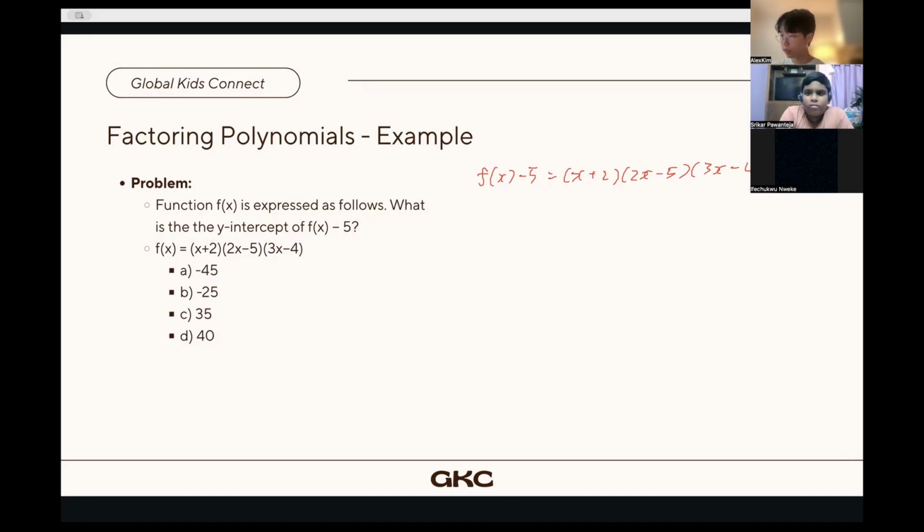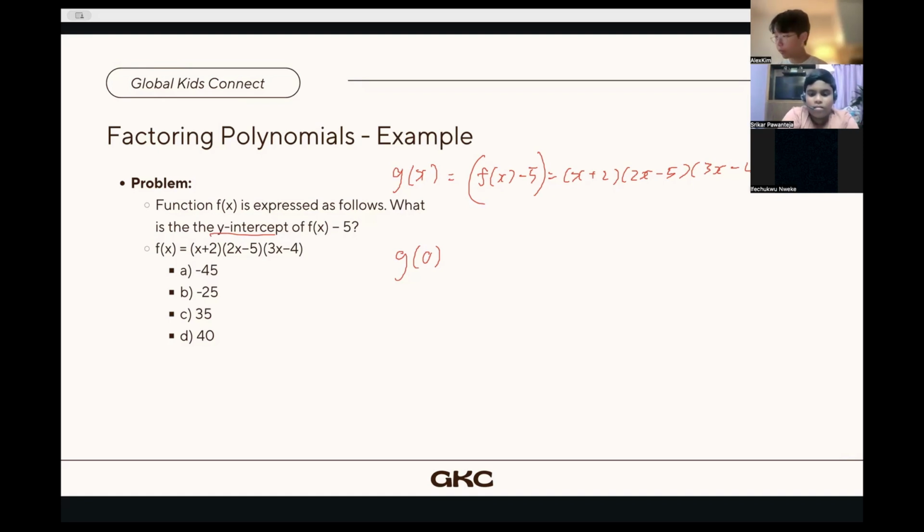With this entire expression of a polynomial and minus 5, we can write it as an entirely new polynomial. It can be anything, so we just write it down as g(x) for now. Now we have to find the y-intercept of this new g(x) function. If you remember, the y-intercept is when the x value is equal to 0. And so for g(x), we'll replace x with 0.